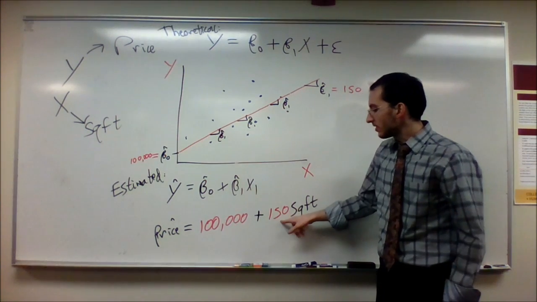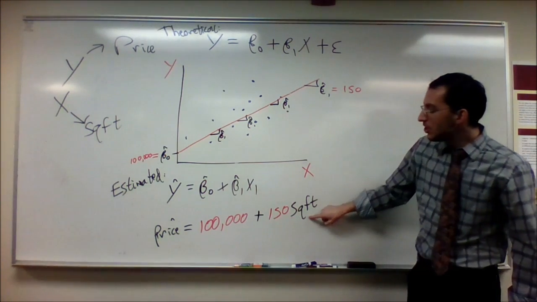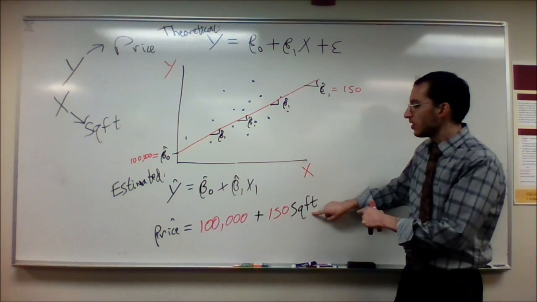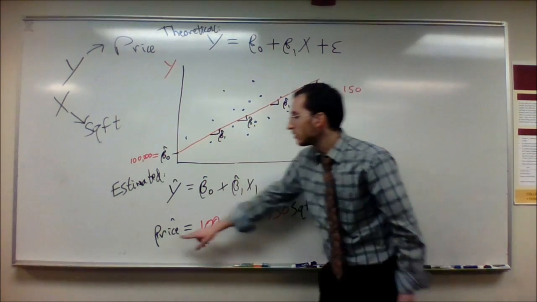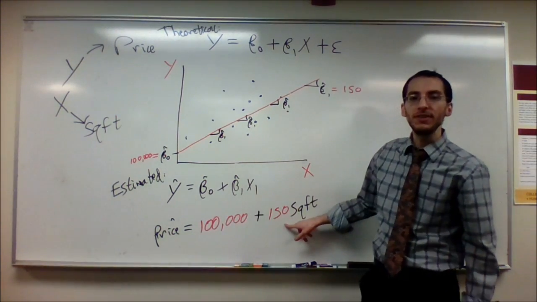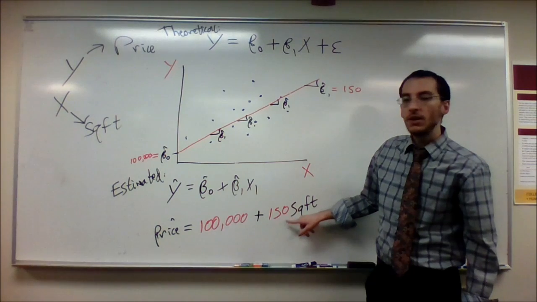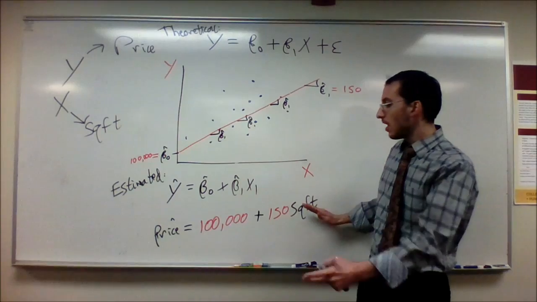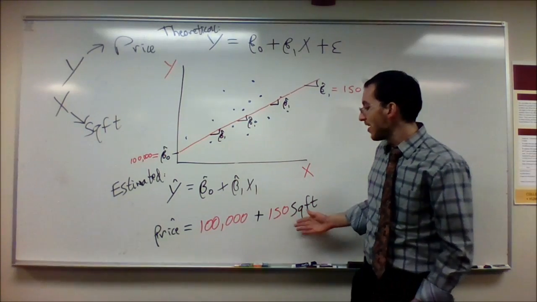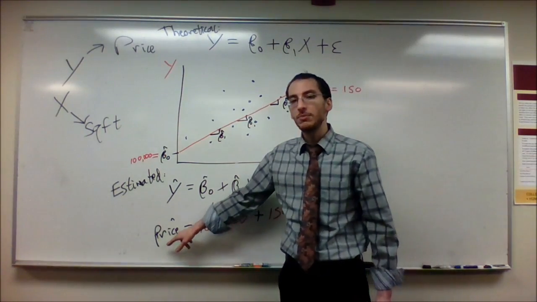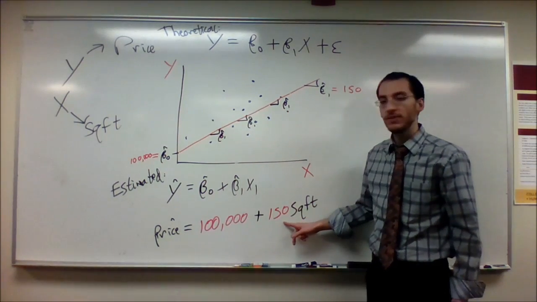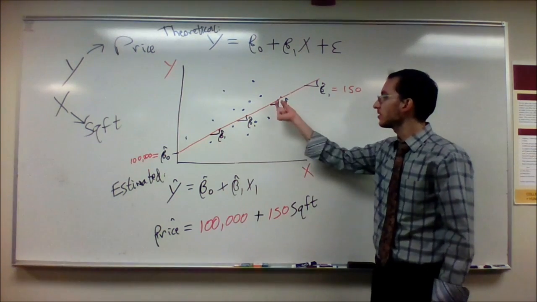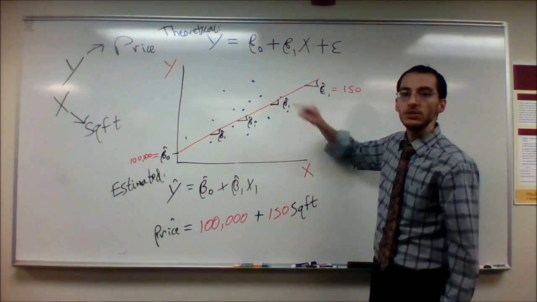So how we interpret this is to say a 1 unit increase in square feet is associated with an average increase in price of $150. Again, a 1 unit increase in square feet corresponds to or is associated with an average increase in price of a house of $150. Again, it's change in x corresponding to a change in y.